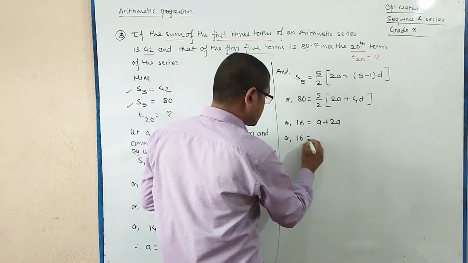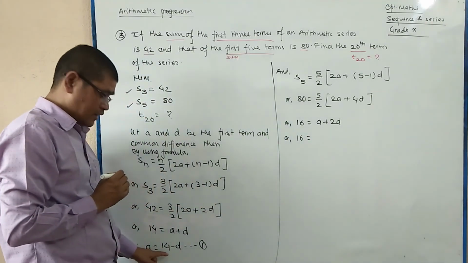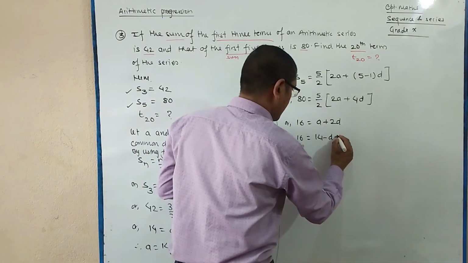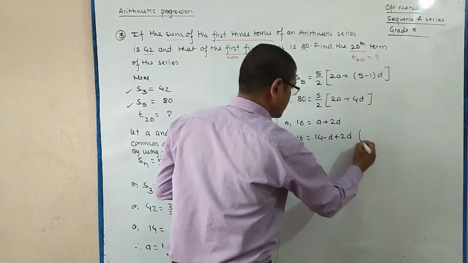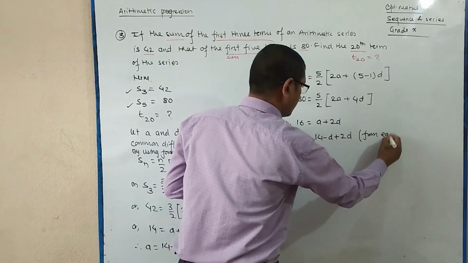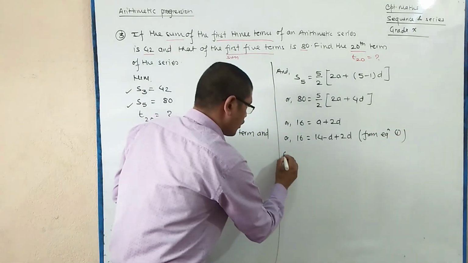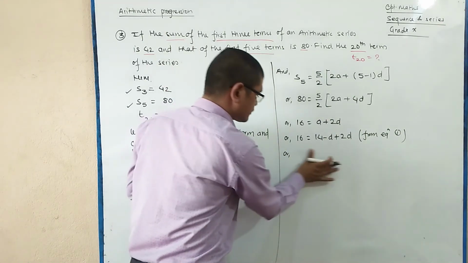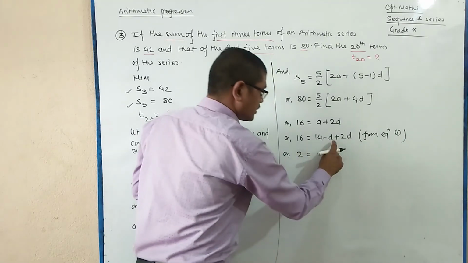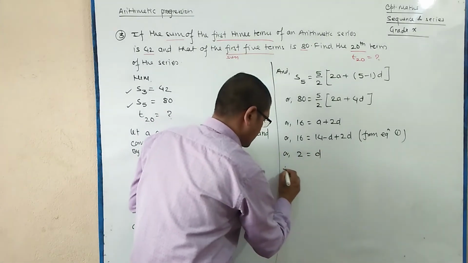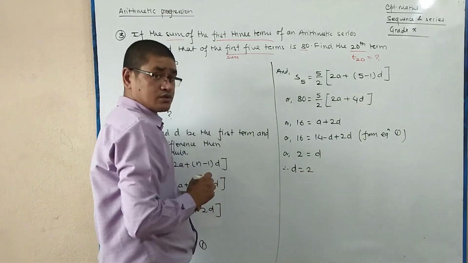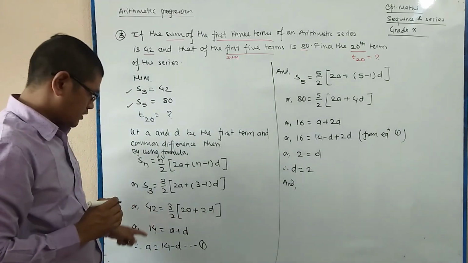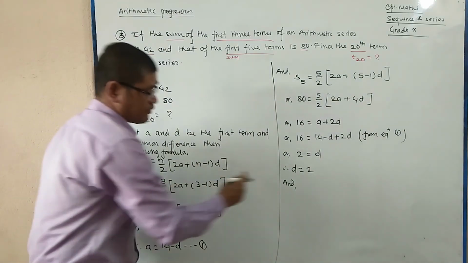Now 16 equals, instead of a I will substitute 14 minus d from equation 1. So 14 minus d plus 2d. This 16 minus 14, directly I can write 2 equals d, therefore d equals 2.